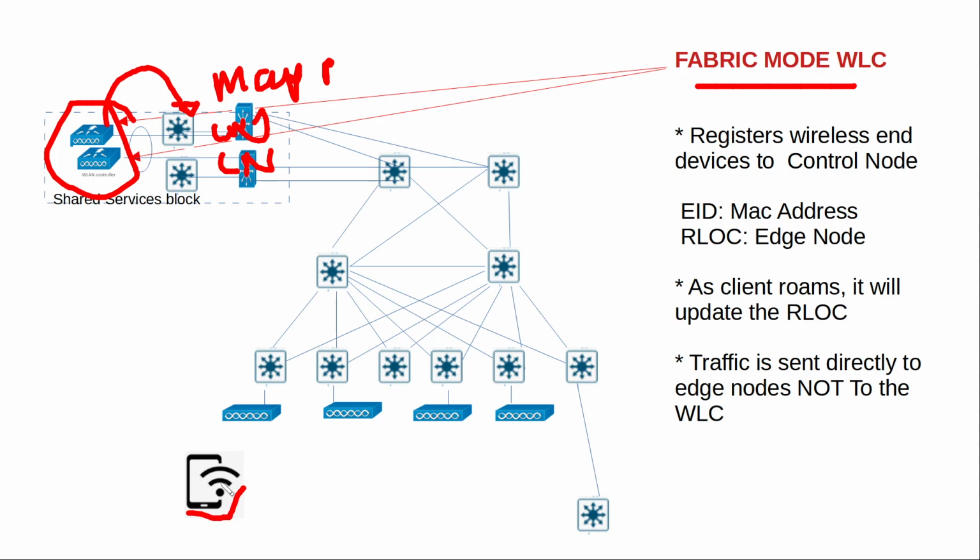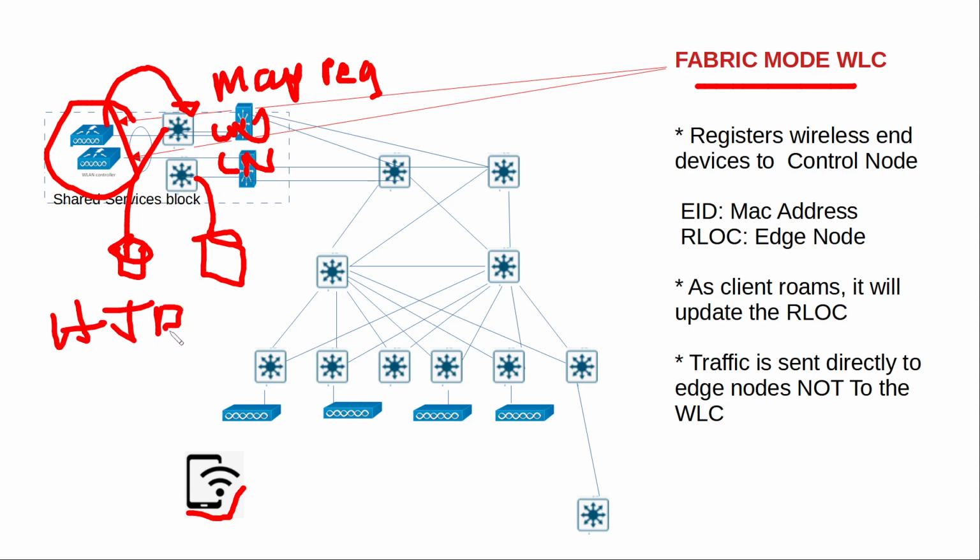Once a wireless device has been associated to the network, then the wireless LAN controller will send a map register message to the control nodes, so the control nodes will be able to update their host tracking database.